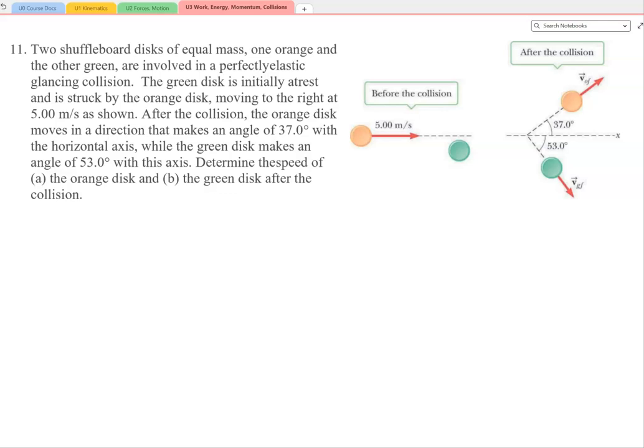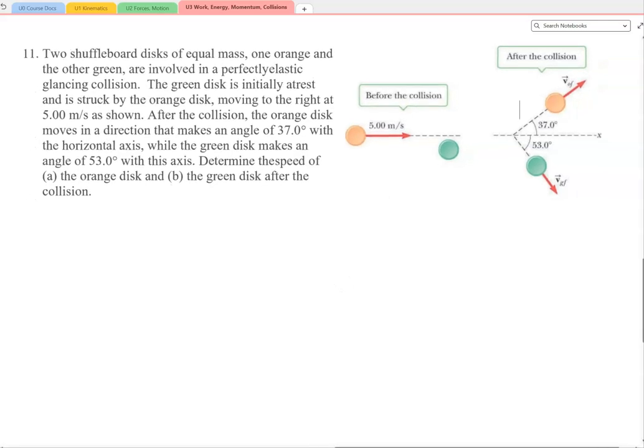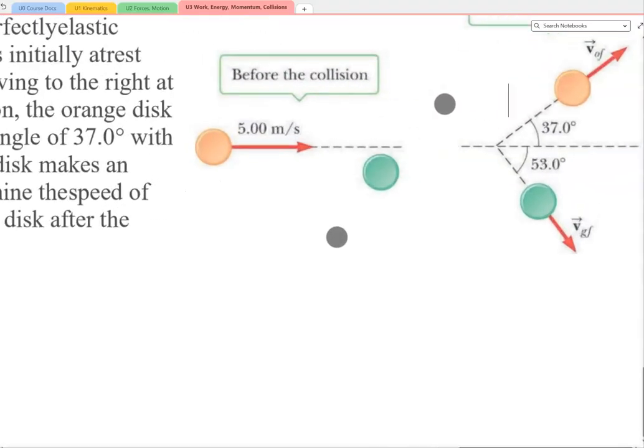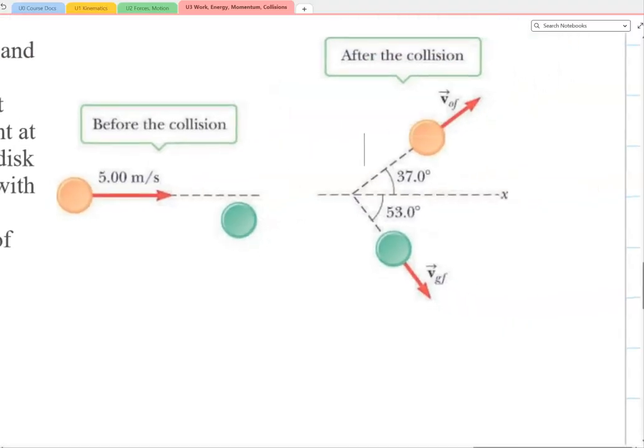Perhaps it's my math teacher brain that's working here, but I always come back to a system of equations to solve this. So anyway, in this linear momentum example, we have a shuffleboard. We have an orange disk and a green disk, where the green disk was stationary and the orange disk is going to strike it.